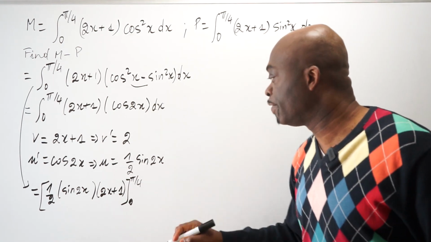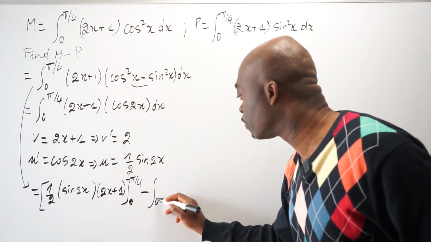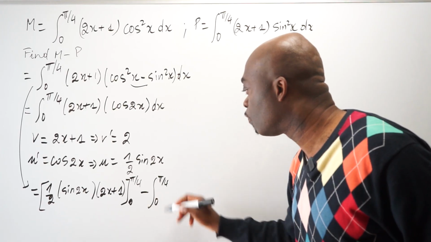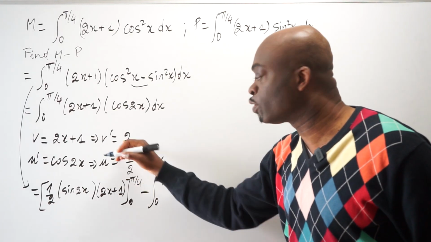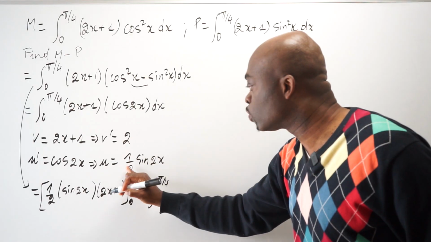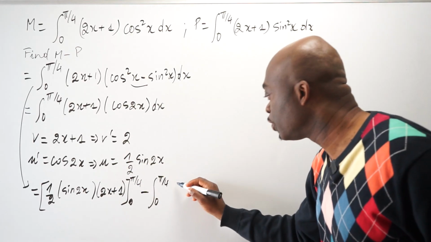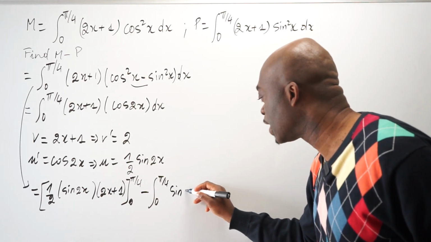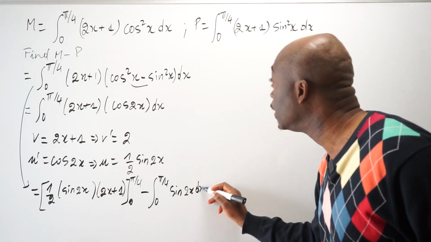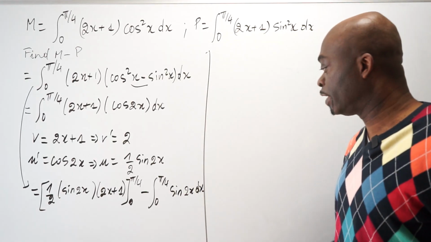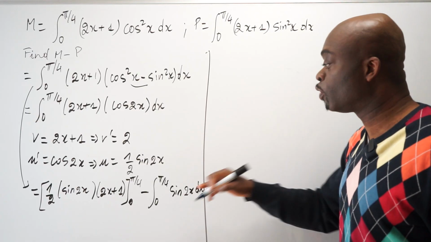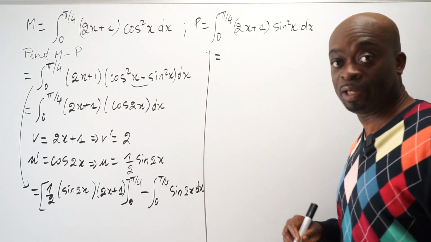And then minus the integral from 0 to pi over 4 of u times v prime. So that's 2 times half, which is 1, so we don't need the 1 anymore. We just have sine 2x dx. All right? So ladies and gentlemen, this is what we have for now.